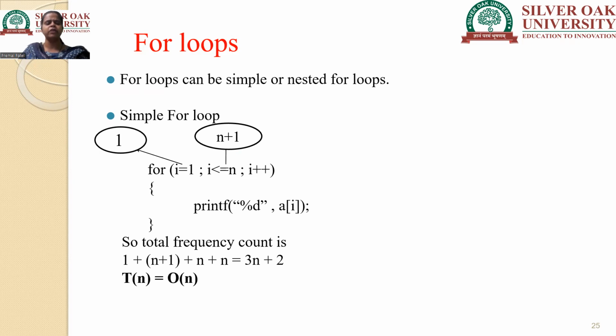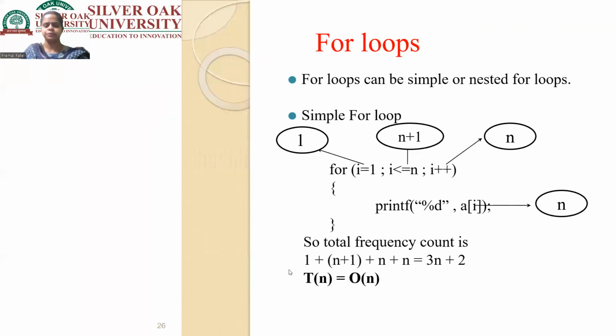That's why the frequency count for i <= n is n + 1. Now the next is i++. It will increment n times whenever the condition is true, so it is n. And obviously it will go into the loop, so it will execute the statement n times. Now if we add all these values, that is 1, n + 1, n, and n, we get the answer as 3n + 2.